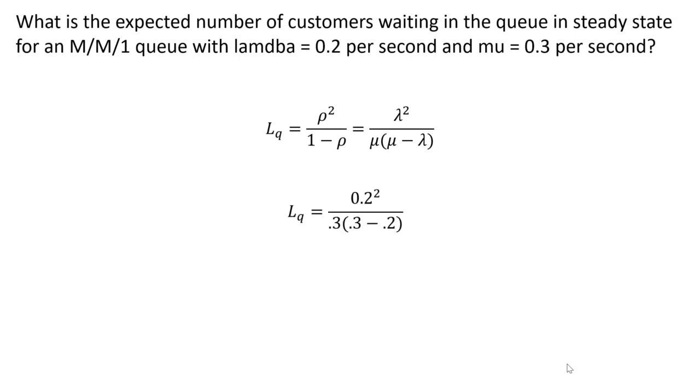So you can use either one of those. If you use the rho version, then you have to calculate the ratio of lambda over mu. If you use the lambda mu version, then you're just plugging the values directly in. So it should be 1.3. Now you might say, how can you have 1.3 people waiting in line? Well, that's the average.